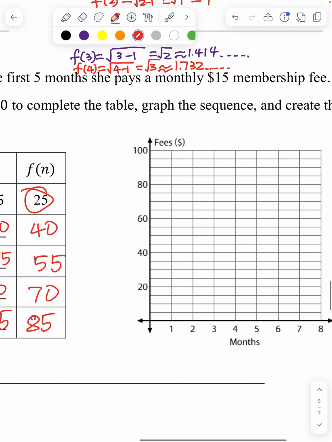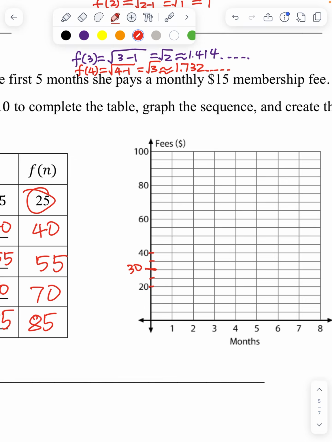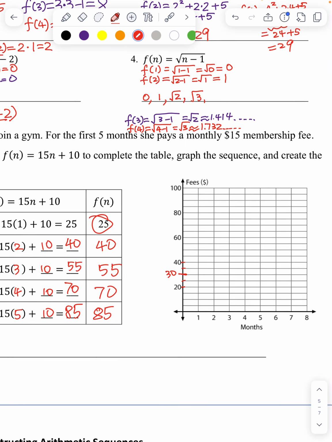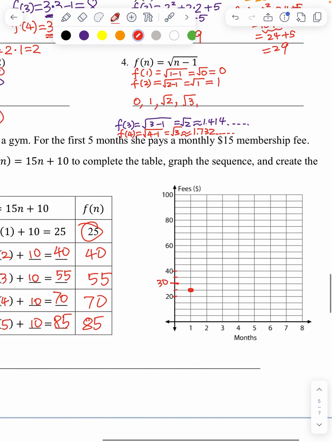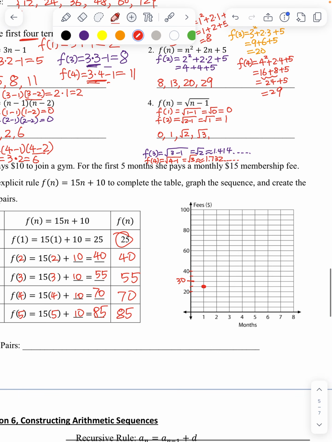This is 20, and 1, 2, 3, 4. Here's 30, right? Each box represents 5. So 25 is right here. The first month, total cost is 25.